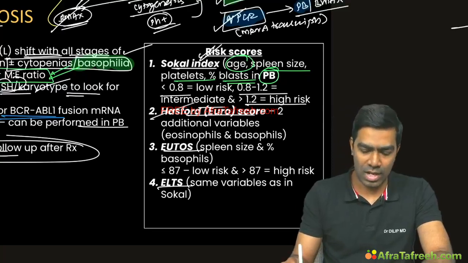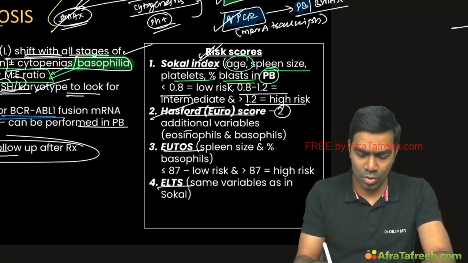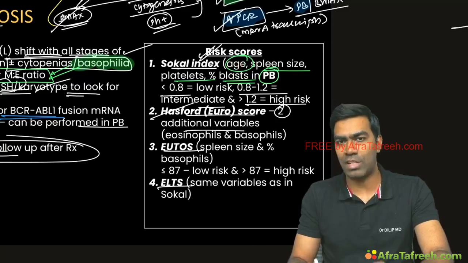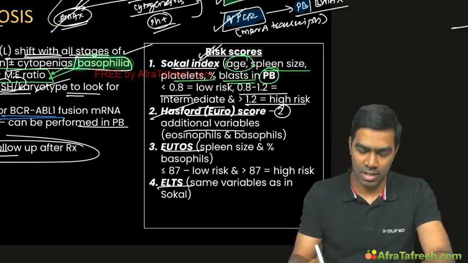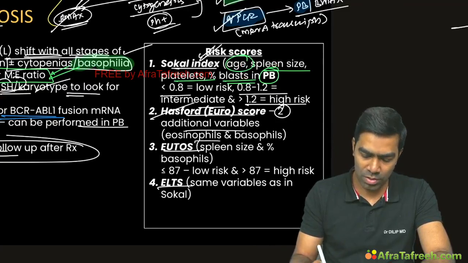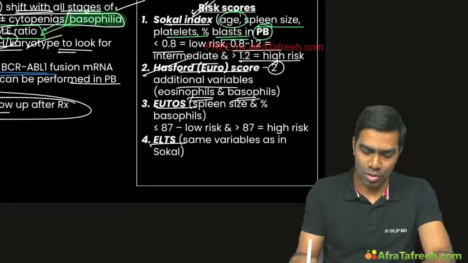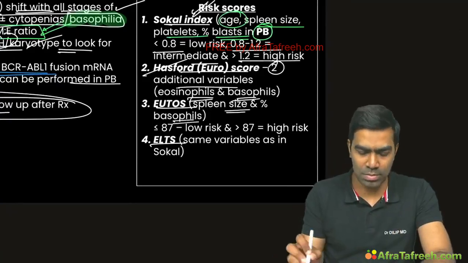Then you have the Hasford Euro score. So apart from SOKAL index, it uses two additional variables, which means Hasford also utilizes age, spleen size, platelets, and the percentage of blast in peripheral blood. Plus, it includes the number of eosinophils as well as the basophils in the peripheral blood. Utah score is going to use only two variables, that is spleen size and the percentage basophils.